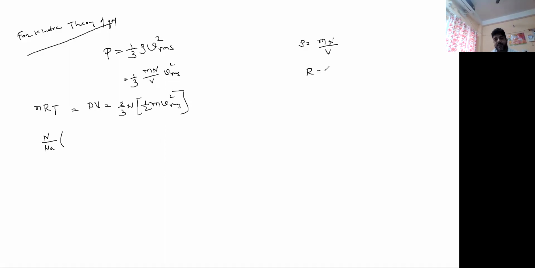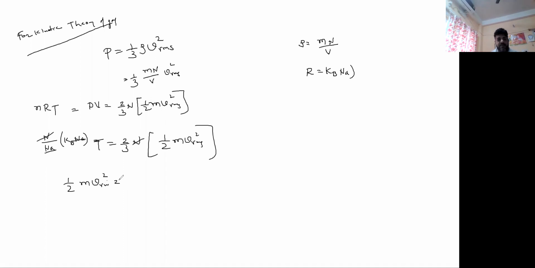R is a gas constant, that is Boltzmann constant into Avogadro number, and T, that is equals to 2 by 3 N 1 by 2 mv rms square. So n कट गया, n कट गया. So 1 by 2 mv rms square is 3 by 2 kBT. So this formula is very important. Why?